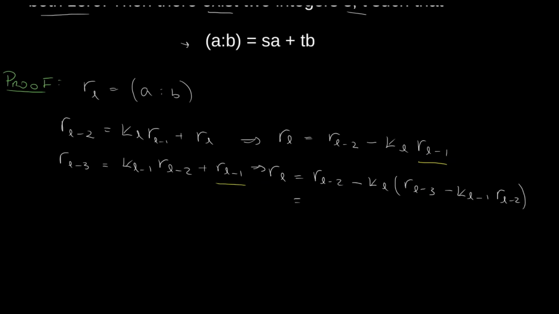We can rewrite this as 1 plus KL times KL minus 1 times RL minus 2 minus KL times RL minus 3.